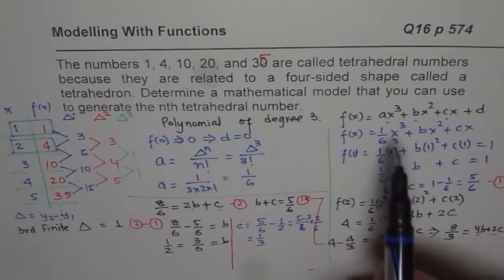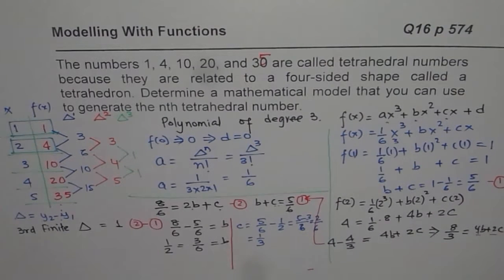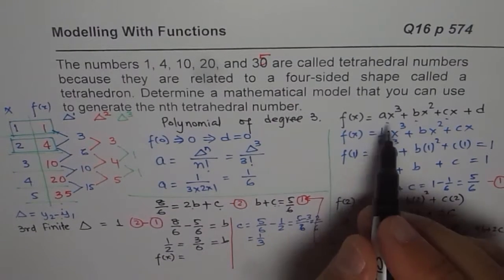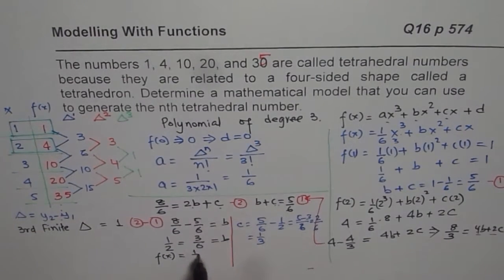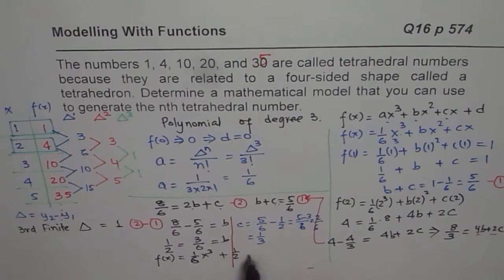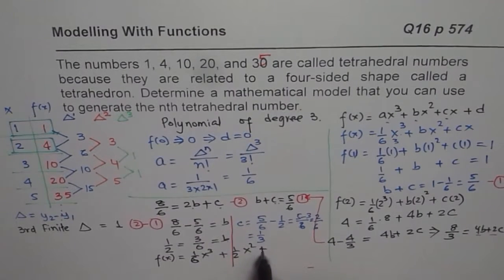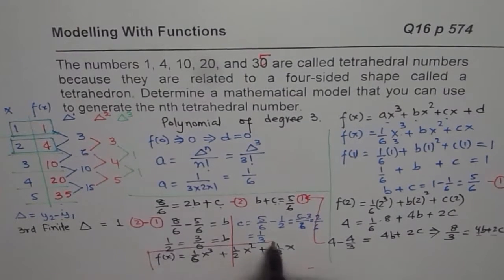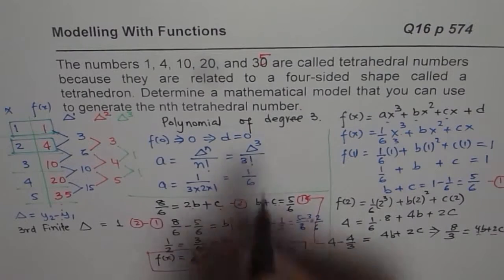Since we know now a, b and c, we can write down our equation. So let me write down the final answer. F of x equals to 1 over 6x cubed, plus b is half, so 1 over 2x squared, plus c, which is 1 over 3x, correct? So that becomes the equation for the given function or the series, correct?